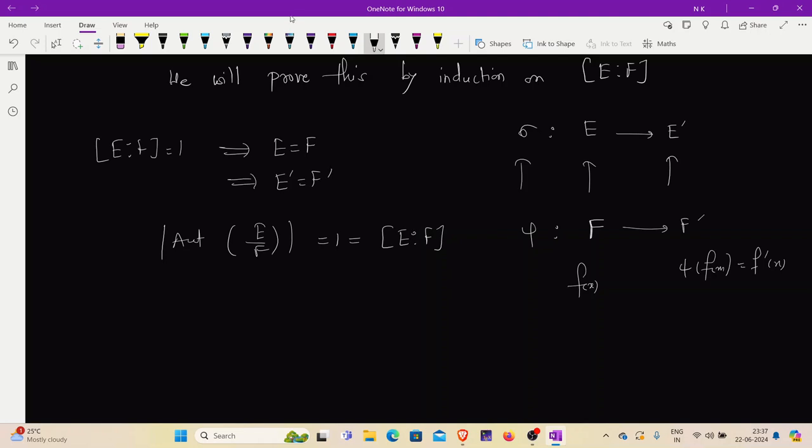Now suppose the degree of extension of E over F is greater than 1.